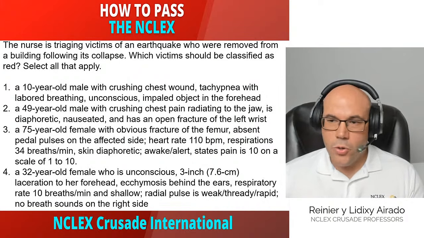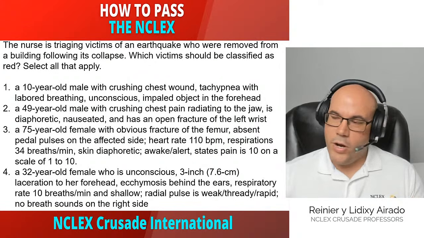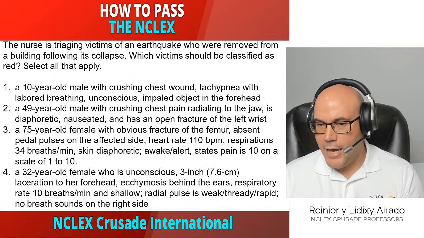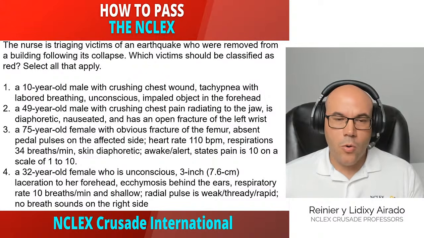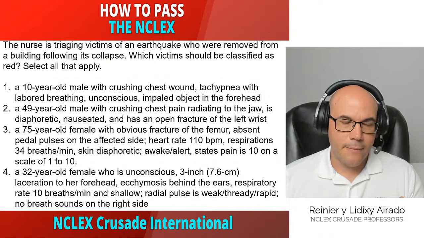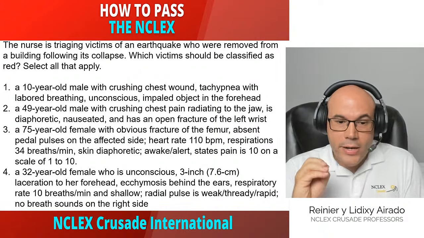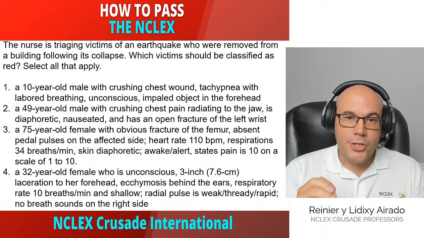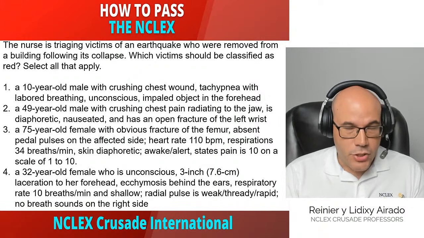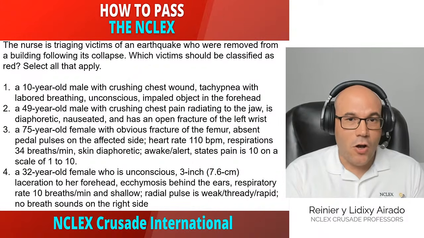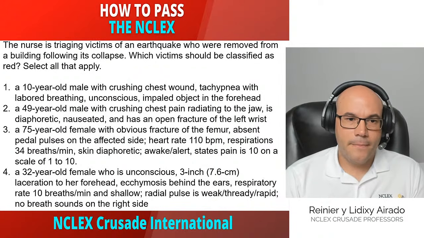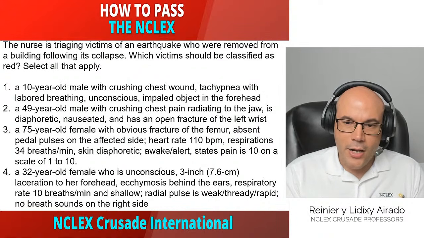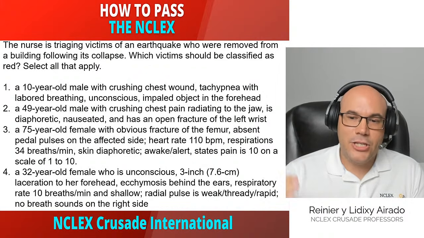If you are doing a question that states which patient is red, yellow, green, or black, you have to understand what patients you are going to allocate to each one of those tags. The first thing you need to know is that the priority patient, or the patients that have a life-threatening condition with high chances of survival, is category 1, red category. That is the priority. A patient that has a life-threatening condition with high chance of survival.